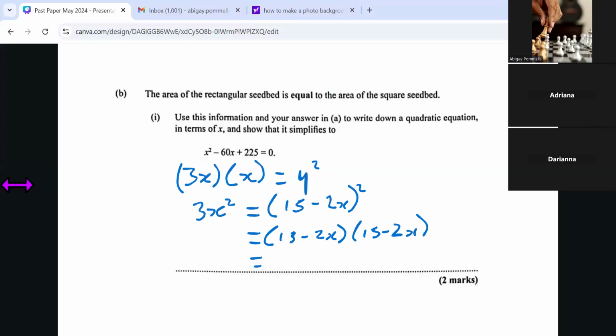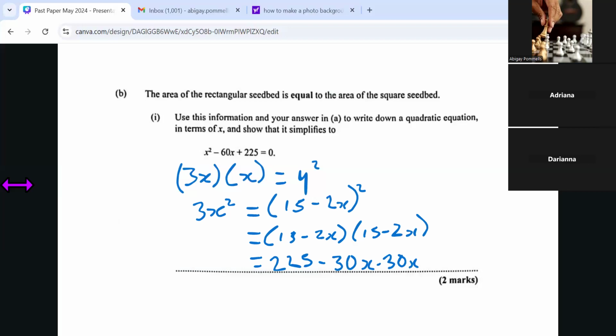15 times 15, let's put that into the calculator. No, we don't need that. 225. Negative 2x times 15 is negative 30x. And 15 times negative 2x, same thing, negative 30x.